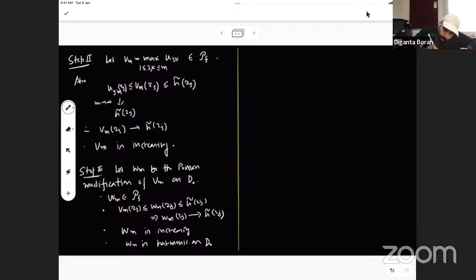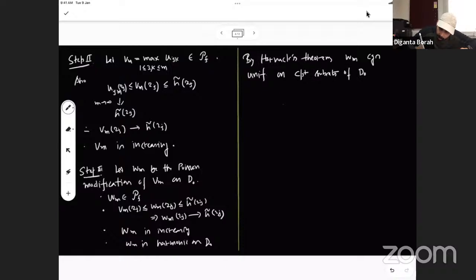So by Harnack's theorem, Wm converges uniformly on compact subsets of D0 to a harmonic function W on D0.